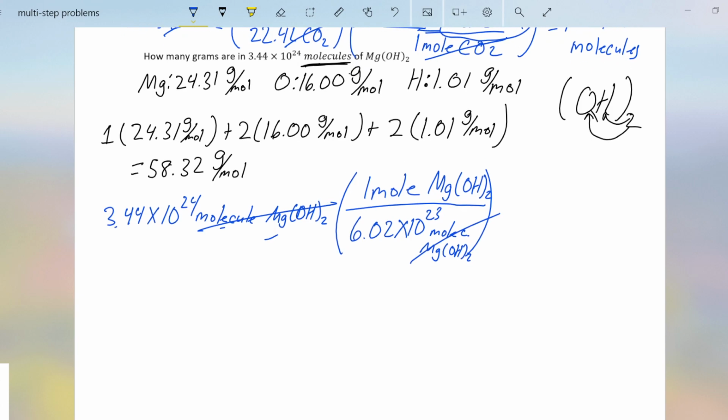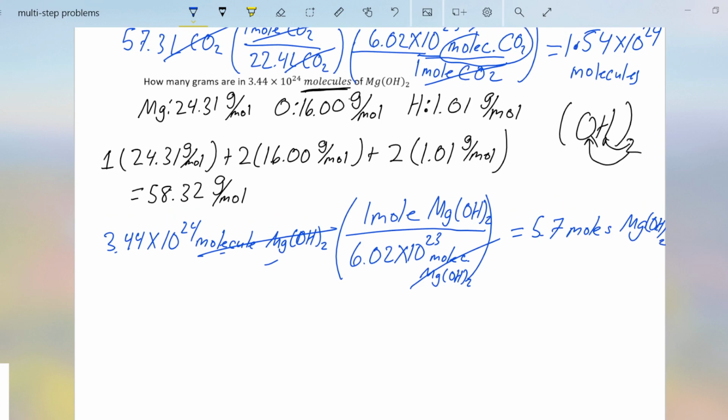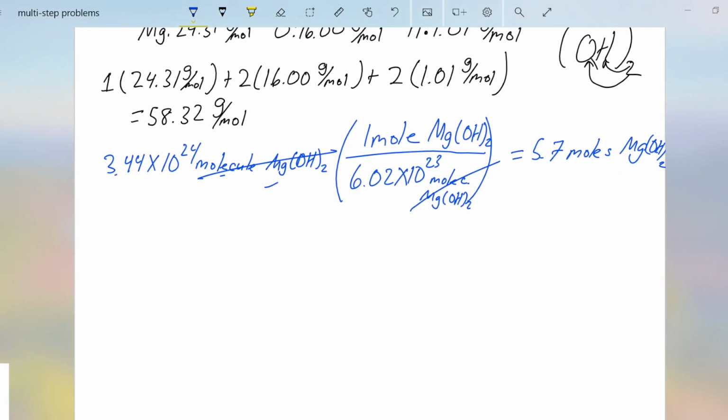When I do this division, I get somewhere around 5.7 moles of this MgOH2. All right, so now I know how many moles there are in this 3.44 times 10 to the 24th molecules of MgOH2. That is 5.7 moles.